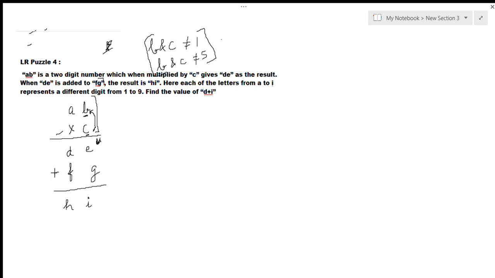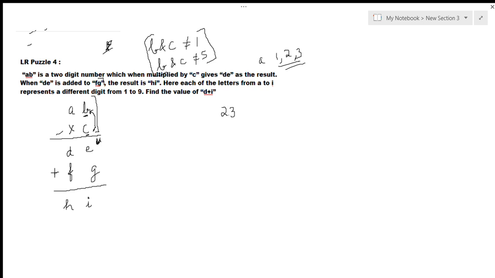But still, A cannot take the values of 2 and 3 also. I'll tell you why. First of all, we've thought that A can be 1, 2, 3, a very small number. Suppose I take A as 2. We just discussed that B and C cannot take value 1. So what is the smallest number that I can put over here?